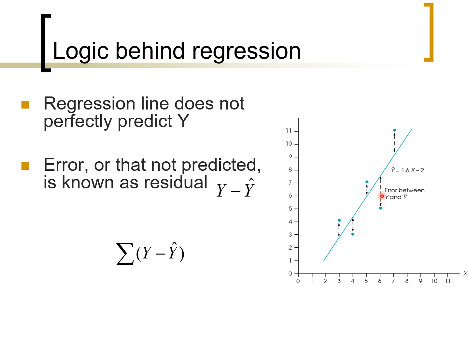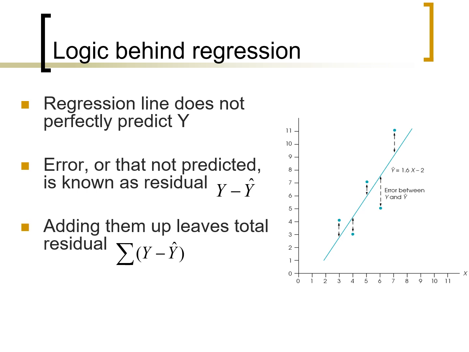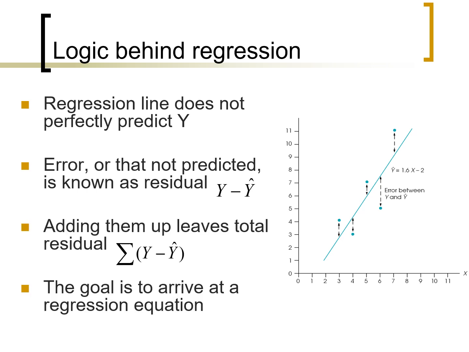How far off was the actual value from the predicted value? And what you can do is add all these residuals up to get the sigma, or total, of these residuals. If we add up all our misses, how big is that value?